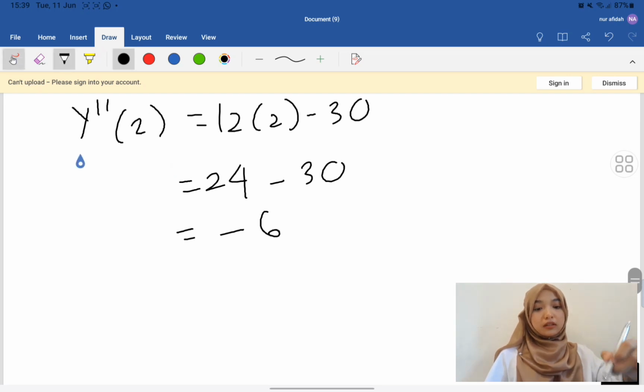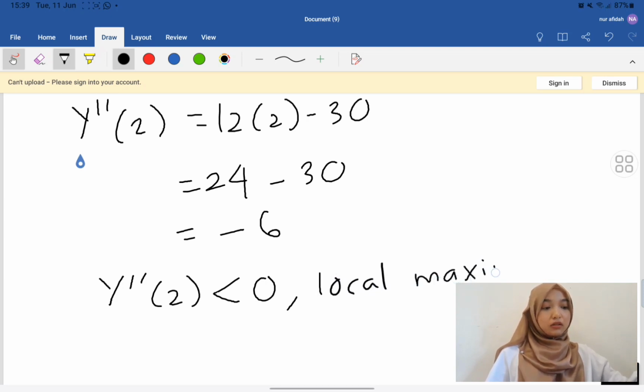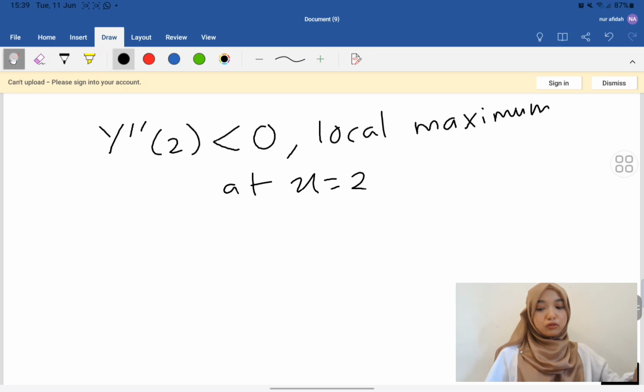Since the final answer is lower than 0, the function has a local maximum at x equals 2.